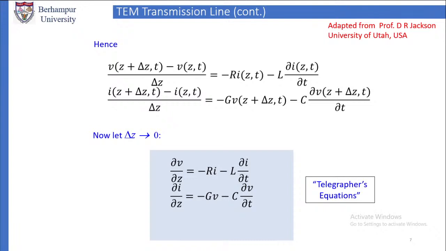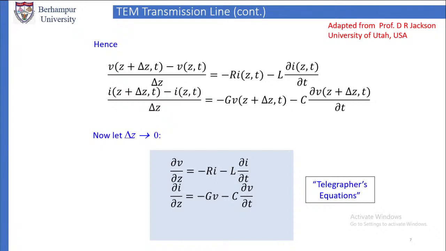In your examination, many times the question will be to derive the telegrapher equation or discuss the telegrapher equation. The telegrapher equations are the basic equations of transmission line theory. Based on them, the transmission line theory is developed. We have to solve the telegrapher equations.